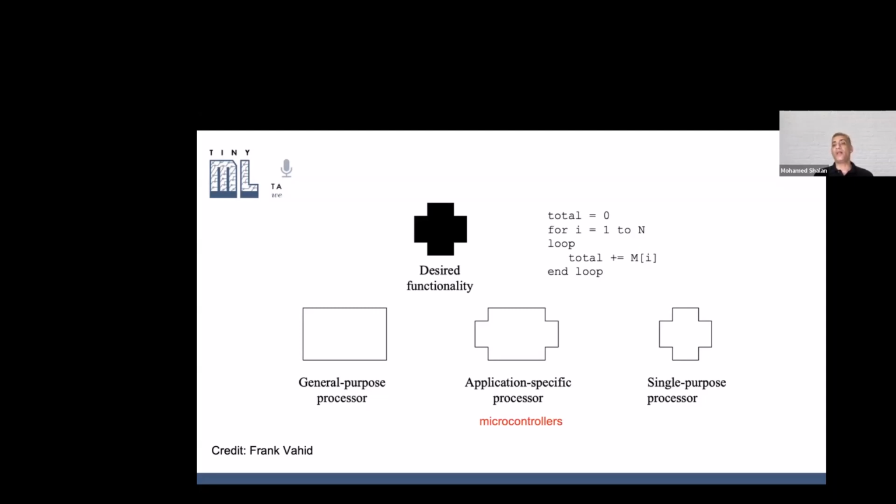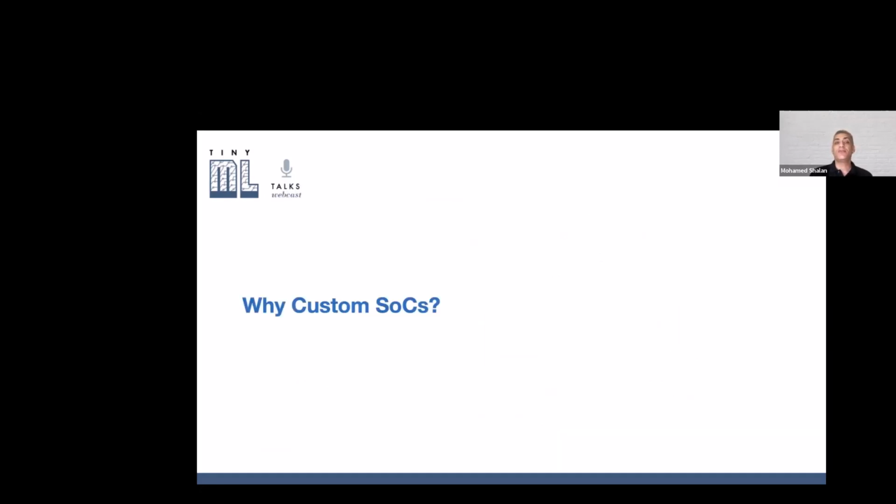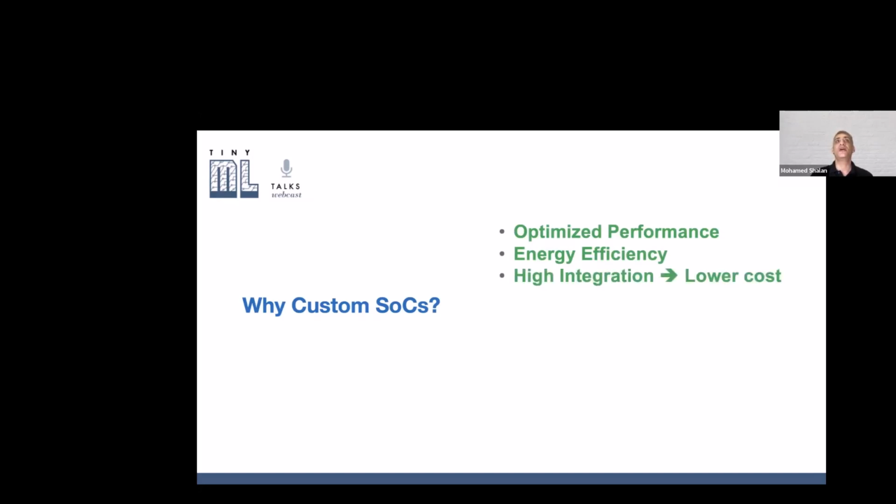However, if you do your custom microcontroller from scratch, you're going to gain the benefit of having the most efficient implementation for your function, because custom SoCs come with lots of goodies. So we get the best performance, the most efficient energy usage.